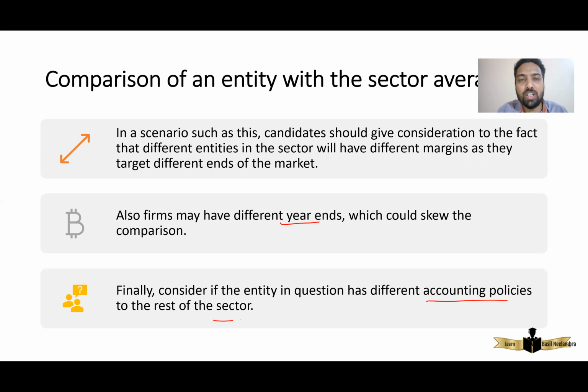For example, a particular organization will be following the revaluation model, whereas another company will be following the cost model. So this company will have a revaluation surplus while the sector won't have it. There are a lot of issues, so we'll look into that later.